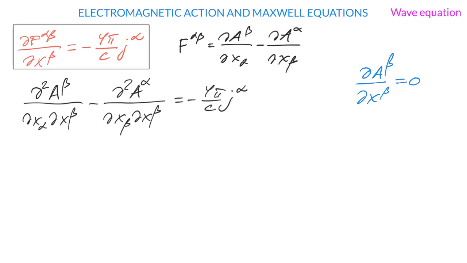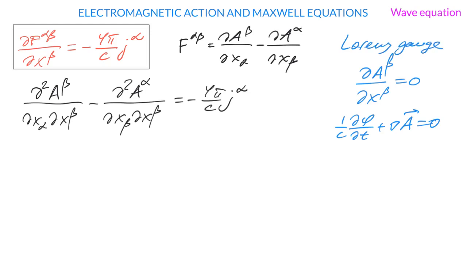This is called the Lorentz gauge. If we write it in components, it looks like 1 over c d phi by dt plus del·A equals 0. So this is the Lorentz gauge.